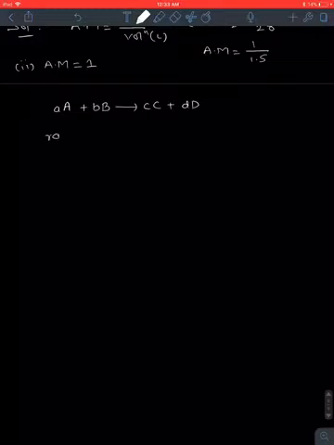So if I want to find the rate, according to law of mass action, rate is proportional to concentration of A raised to the power a into concentration of B raised to the power b, because A and B only are the reactants which we are having in this reaction.